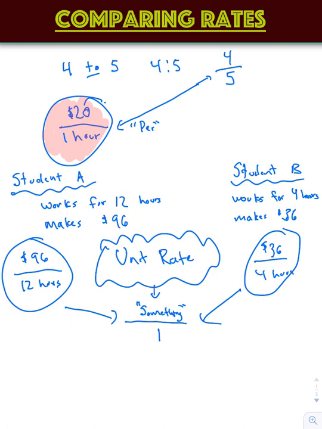So while student A is making more money total, which student made more as a unit rate? As we simplify student B, we discover that student B makes $9 per hour, and that is simply because 36 divided by 4 is 9.